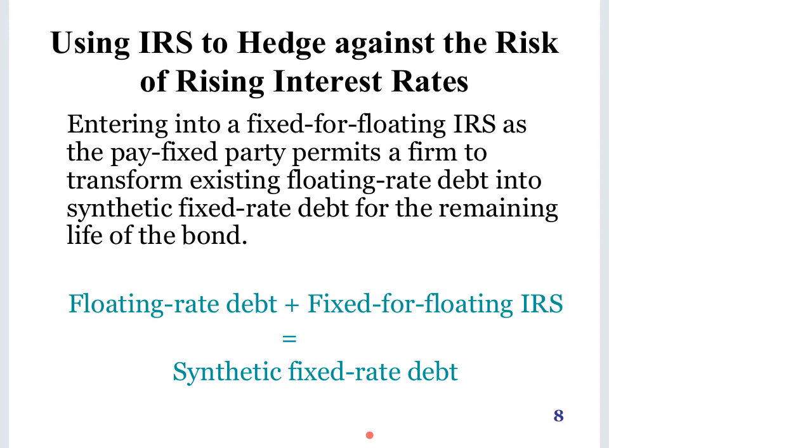Because if you look at this, floating rate debt plus the swap is a synthetic fixed rate debt that you get. So when you pay fixed and receive floating, though you have a floating rate debt, the floating inflow and the outflow match each other, and therefore there is no liability. And what you are left with is a fixed rate debt in the whole process.